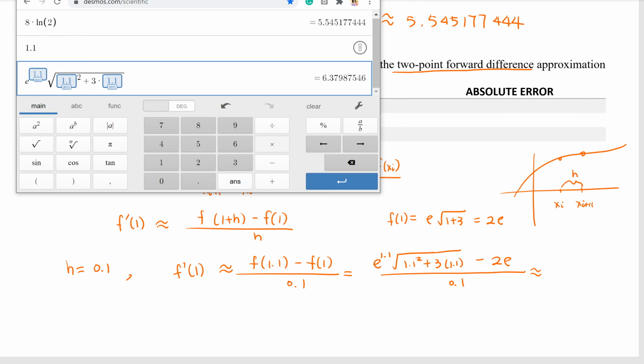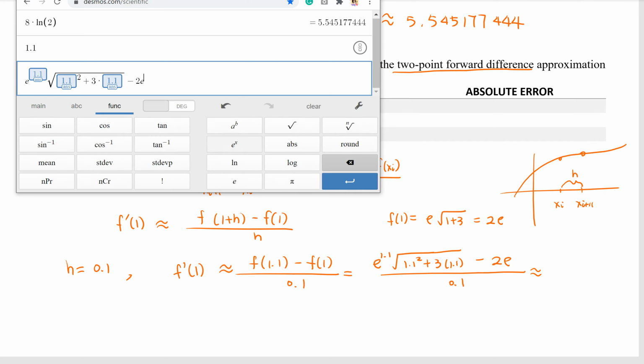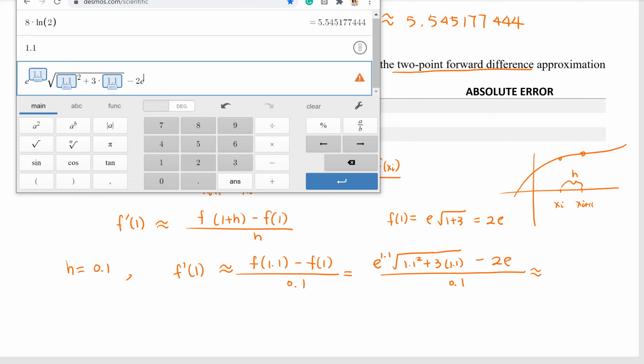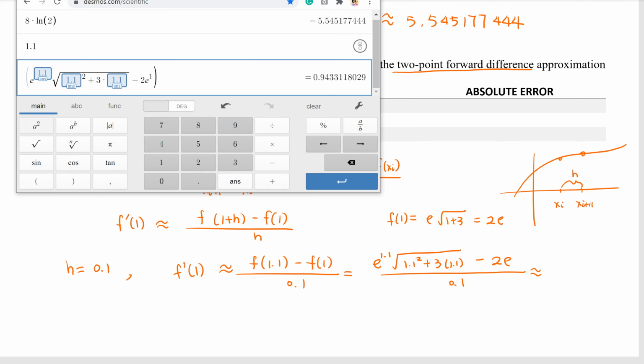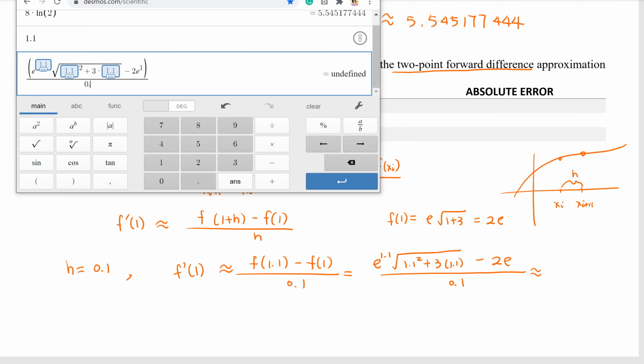Okay, this guy minus 2e. e is like e to the 1, you can do e to the 1 there. And oh, we forgot the parentheses. Yep, we need the parentheses. Everything divided by 0.1. Is that okay, everybody? Do you see how I write it in our calculator?